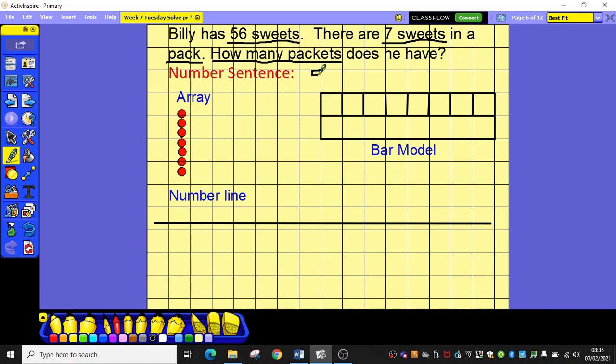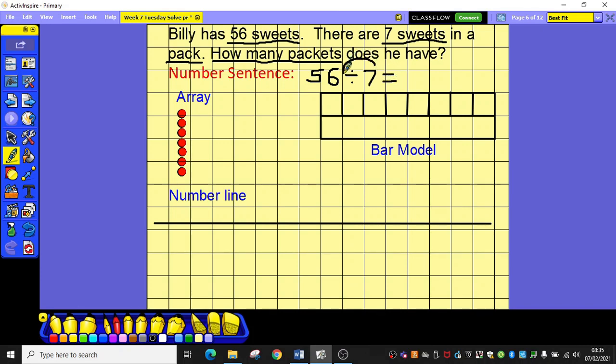What is it that we actually need to do? What is the operation that we're going to be performing? Well, if I've got 56 as my total, and I'm putting that total into packets of 7. So I often like to visualize a maths problem. I can actually physically see myself with 56 sweets in front of me and putting 7 into one packet, 7 sweets into another packet, and so on.